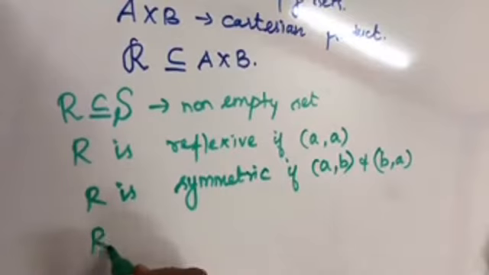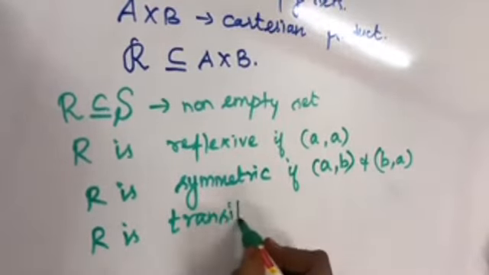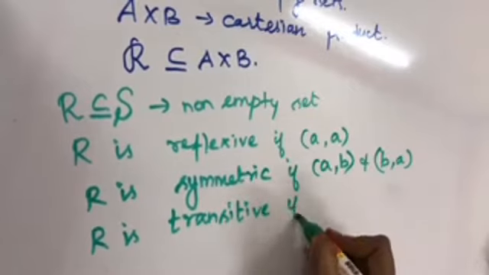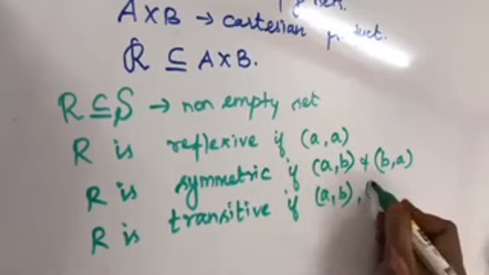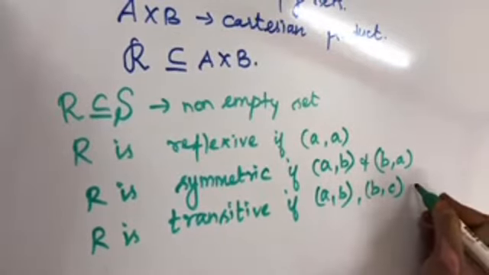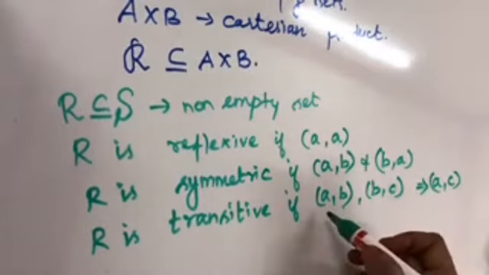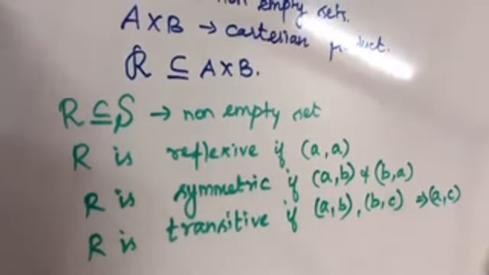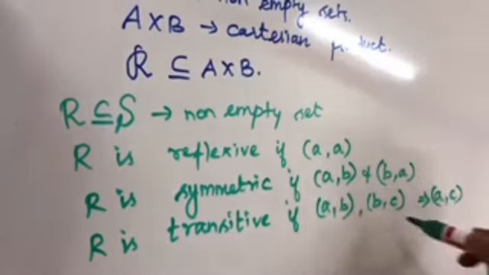R is transitive if A is related to B and B is related to C, that implies A is related to C. Then I call it a transitive relation. Here these are all ordered pairs.